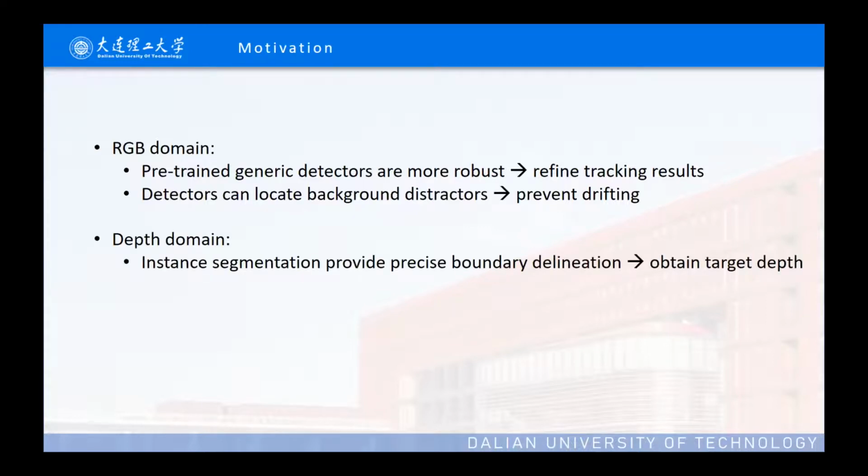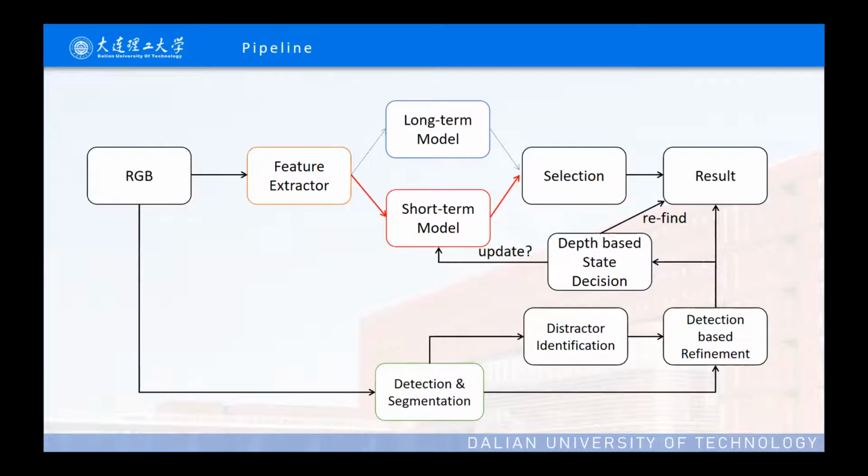In the depth domain, compared to bounding box-based representations, instance segmentation results provide more precise boundary delineations of the targets, which allow us to obtain accurate target depth based on the segmentation results. So according to these motivations, we propose to leverage category agnostic detection and segmentation for more robust RGBD tracking.